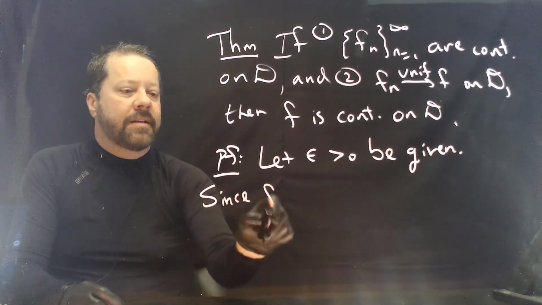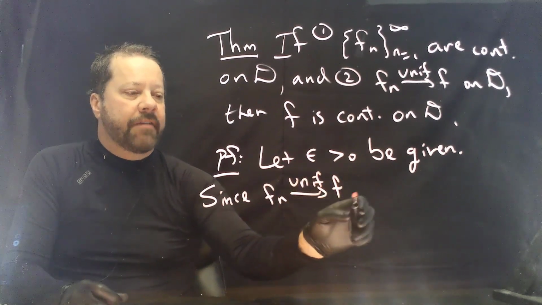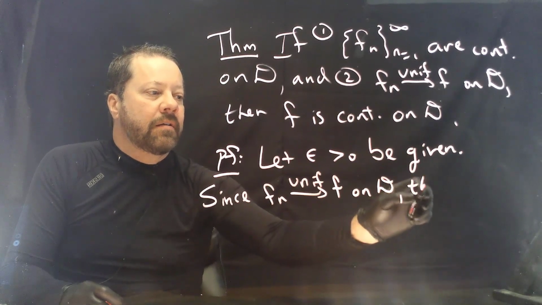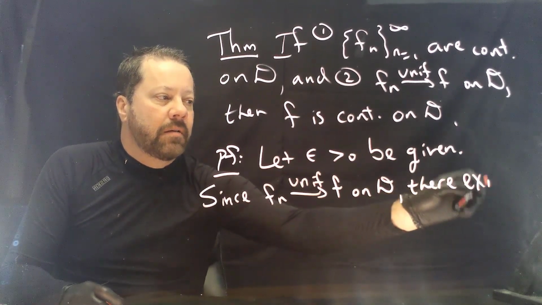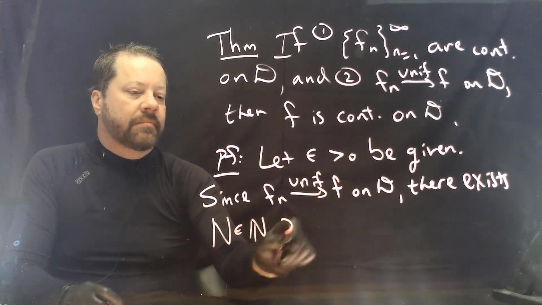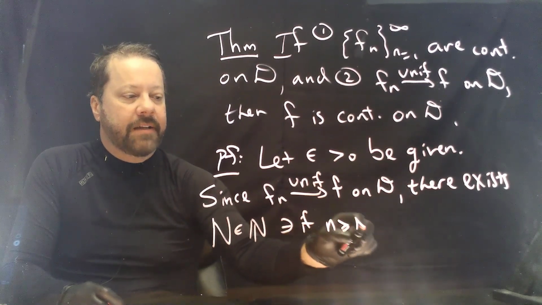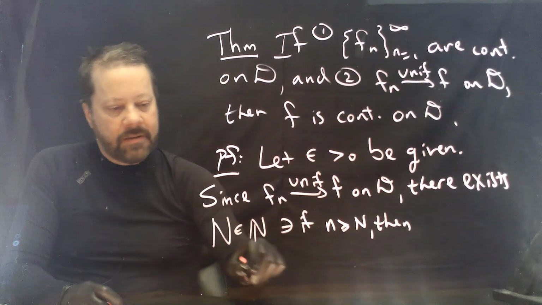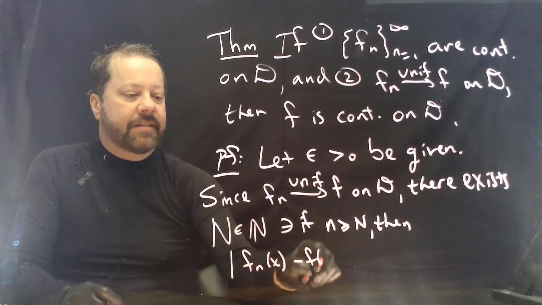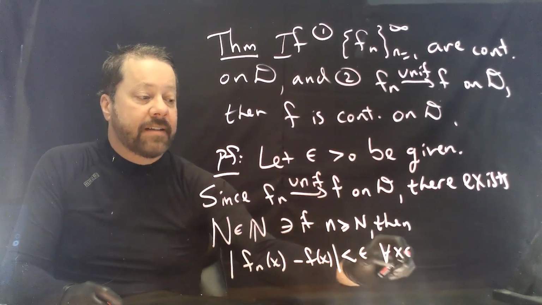Now, since these functions uniformly converge to f on D, there exists some natural number N such that if n is bigger than or equal to N, then the distance between fn of x minus f of x is less than epsilon for all x in D.